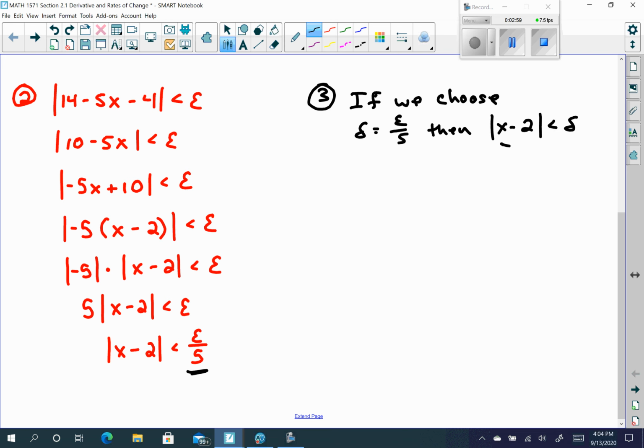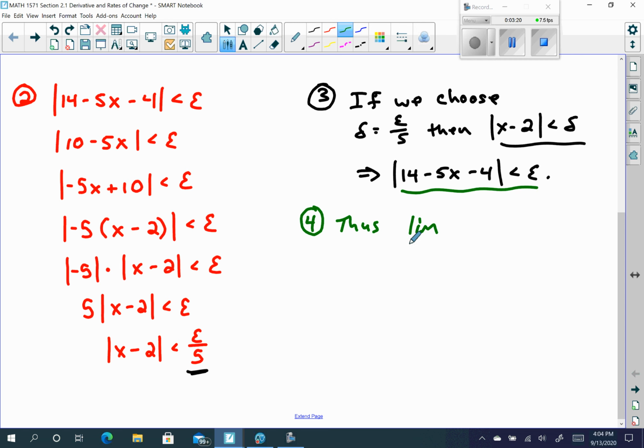And then this statement implies that the epsilon inequality, the function minus the limit here, is less than epsilon. Then we're taking statement 3 here to say, thus, because this holds, the limit as x approaches 2 of 14 minus 5x is in fact equal to 4 by the definition of a limit.